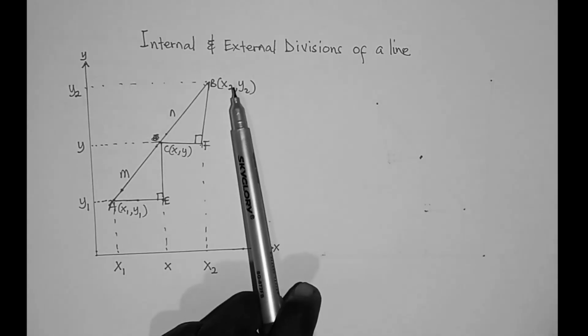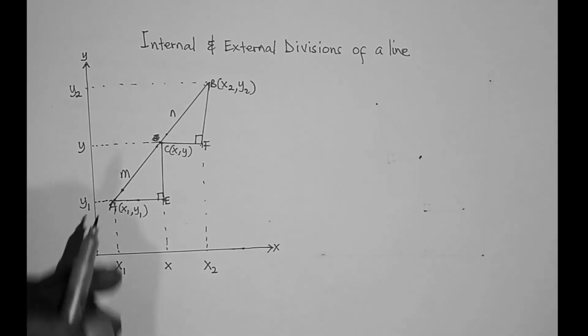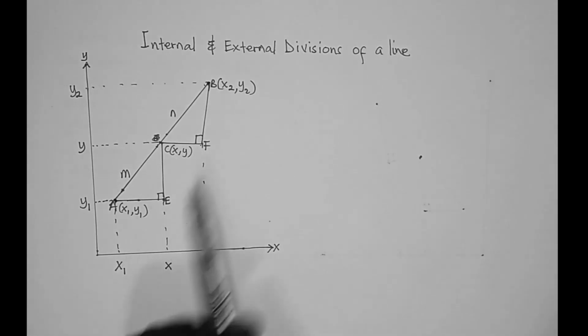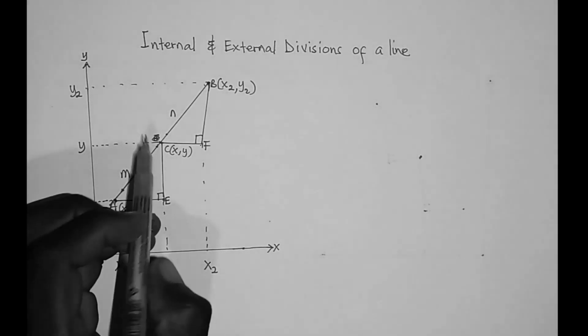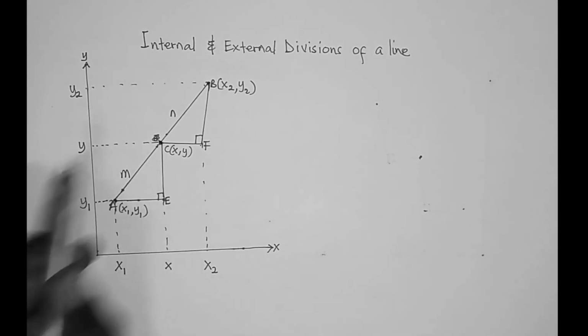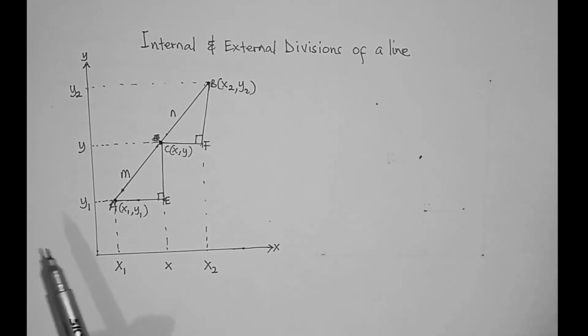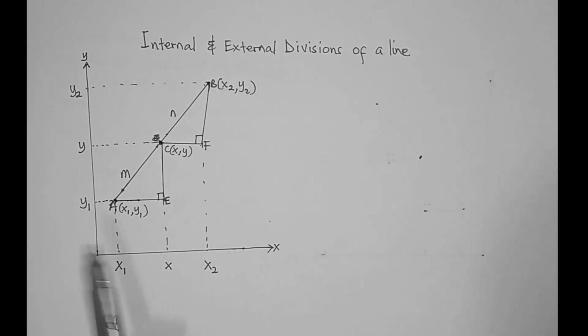Now let's talk about the internal and external divisions of a line. For example, if we have a line AB, with two points A and B on this line, and this line is divided at C in the ratio m is to n. Then what is the x component and the y component of C?